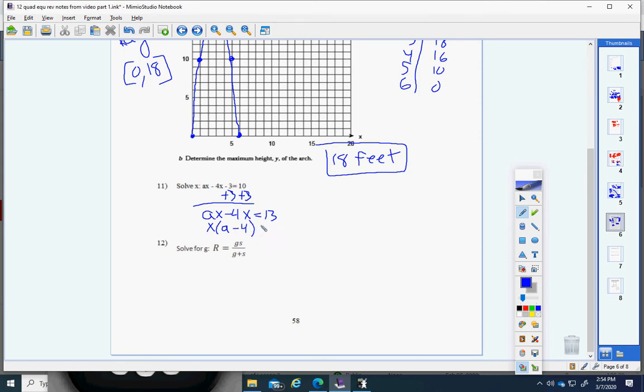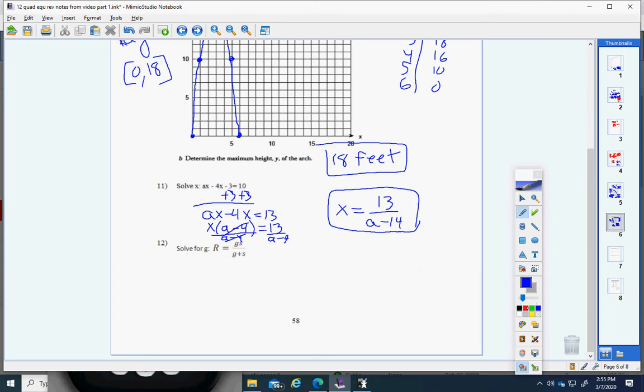So if I take out the GCF of x, I'm left with a minus 4 in parentheses, and I can divide both sides by the a minus 4. So x equals 13 over a minus 4. And that's the best I can do. There isn't anything else to do.